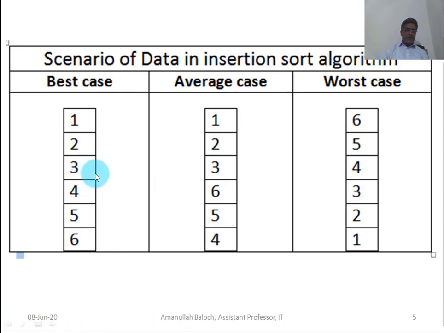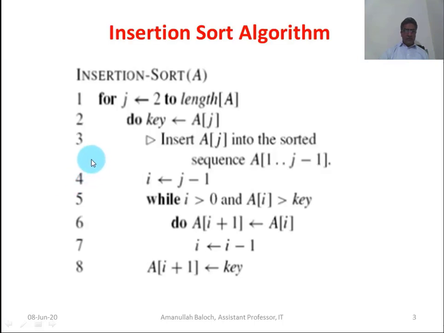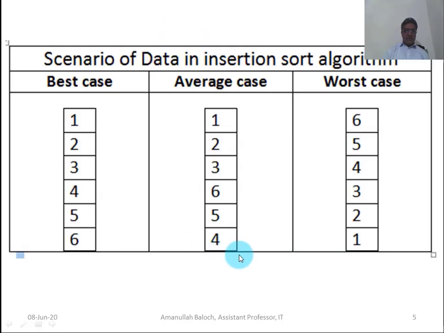In the best case, we have already seen in the algorithm that the while loop will not execute at all because the data is already in sorted form. While in the average case, for 50% of the data the while loop will execute, while for the second 50% of the data the while loop will not execute at all.